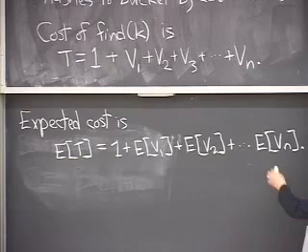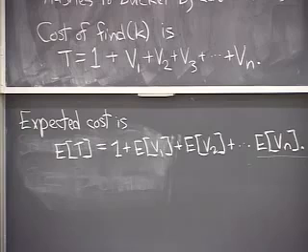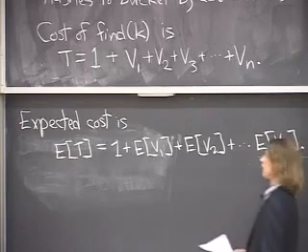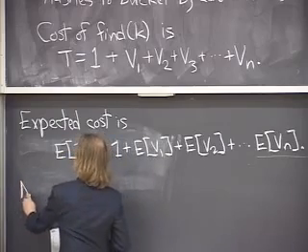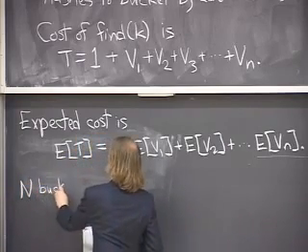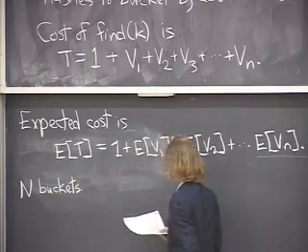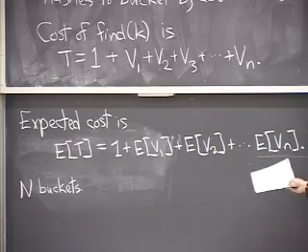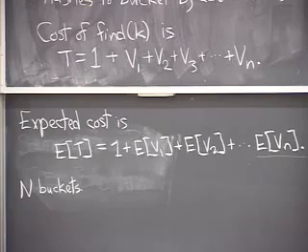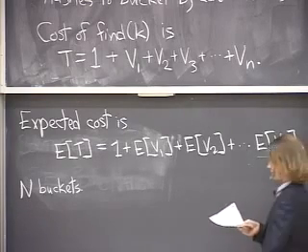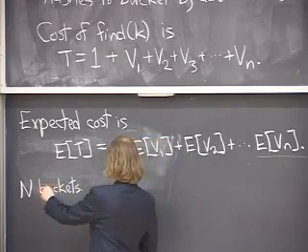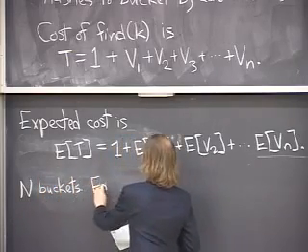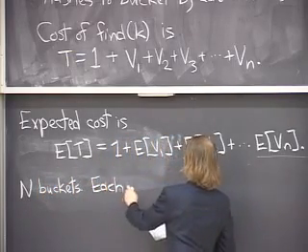Now we just need to figure out what each of these E[Vi] is equal to. Here's how we figure that out. Remember that the table has capital N buckets. So each of these keys, like K1, is going to get hashed to a randomly chosen bucket out of those big N buckets. So the probability of any key getting hashed to bucket B is 1 over big N.